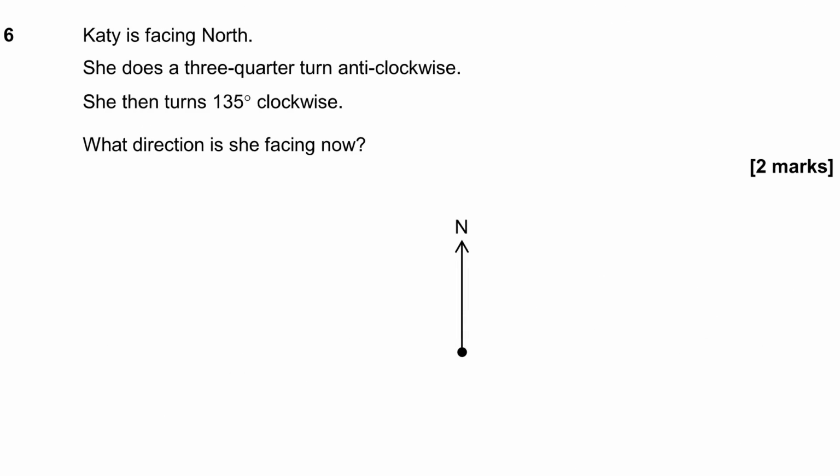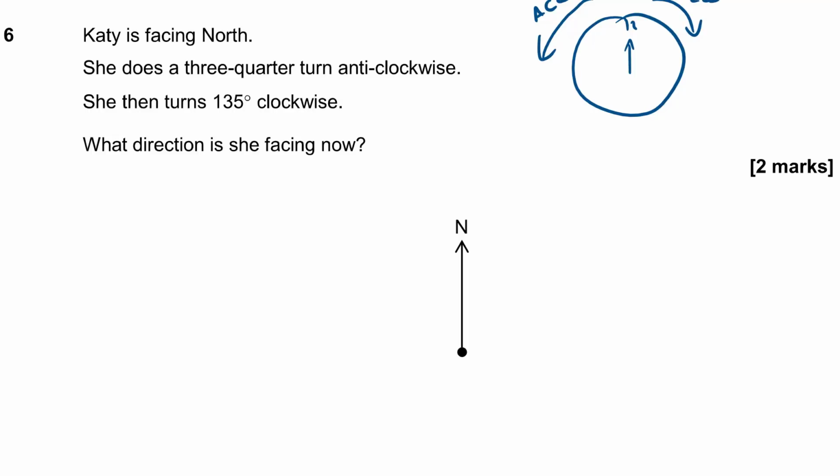Katie is facing north. She does a 3/4 turn anti-clockwise. She then turns 135 degrees clockwise. What direction is she now facing? Okay, well, now remember you're going to have a clock in the exam room, aren't you? So you can have a look at which way round the hands are going if you can't remember. But anti-clockwise is that way round, and clockwise is the way the clock hands are going, that way round.